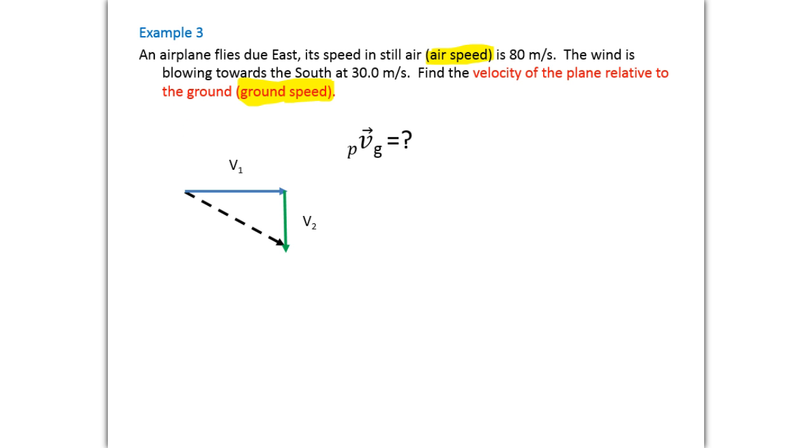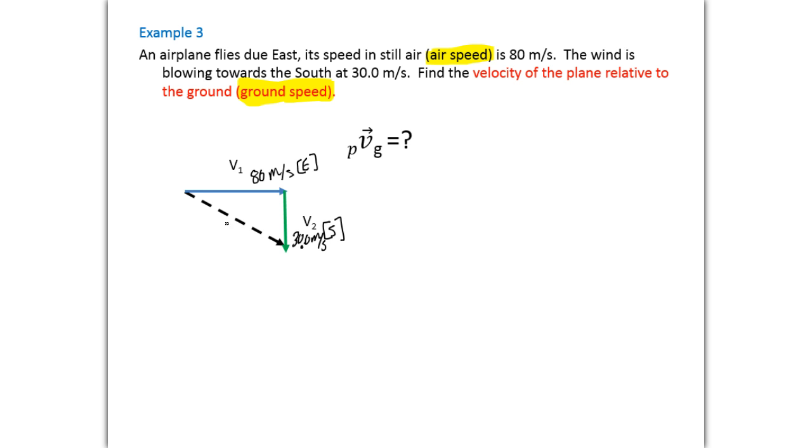So we have two vectors. V1, and that is 80 meters per second. So it's flying east. And V2, the wind is blowing it south, and that's moving at 30 meters per second, and that's south.